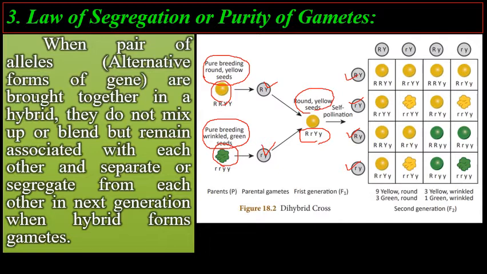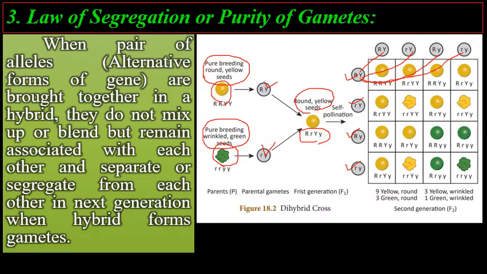F2 generation. This gamete in the F2 generation fuses with capital R capital Y, capital R capital Y fuses with small r small y, then capital R capital Y fuses with capital R small y, and capital R capital Y fuses with small r small y.